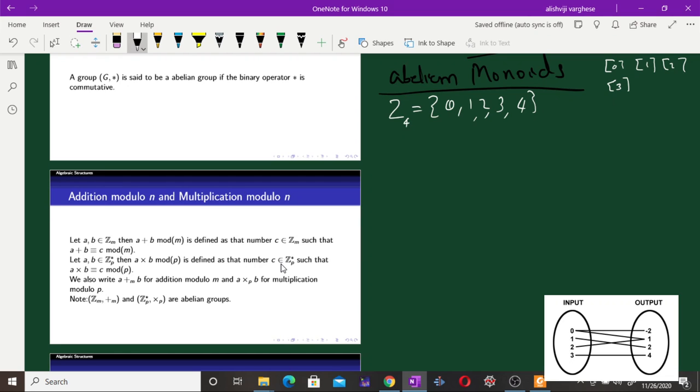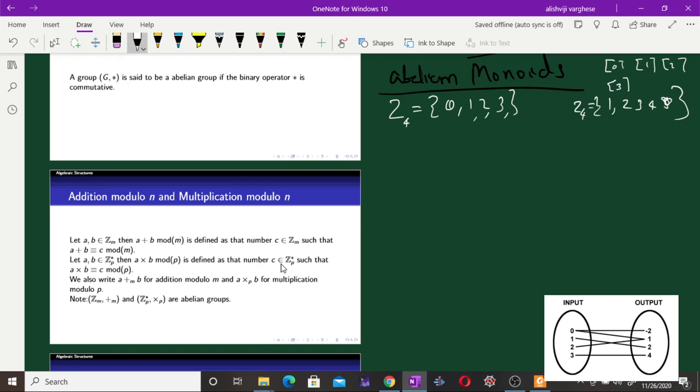Anyhow, we can write this Z4 in a different way, as 1, 2, 3, 4 and 5. Sorry, we don't have 4 here; the equivalence class of 4 does not appear.